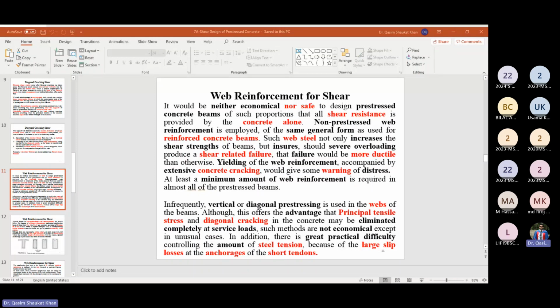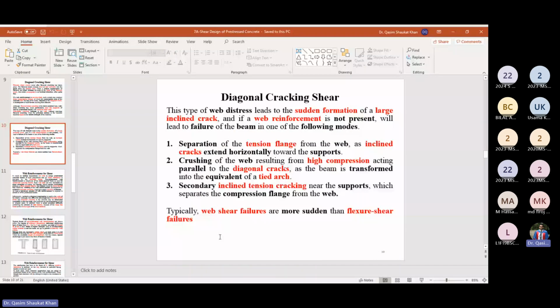Okay. Now, next is the web reinforcement for the shear. The initial part of the lecture focused on different types of cracking, and then on shear stresses and flexural stresses. Then we studied flexural shear cracks and web shear cracks, and we said that web shear cracks can cause more damage to the structural element as they are more sudden compared to flexural shear cracks.